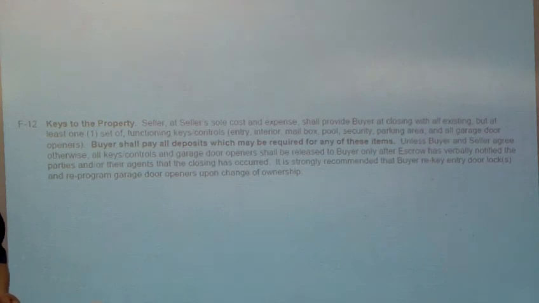So in a condominium where they give 2 security keys, but the seller only delivers 1 set, is that sufficient? Yes, as long as they give 1 set. Now, if an association requires a deposit to be made on keys, like access keys, then the buyer must pay the deposit.